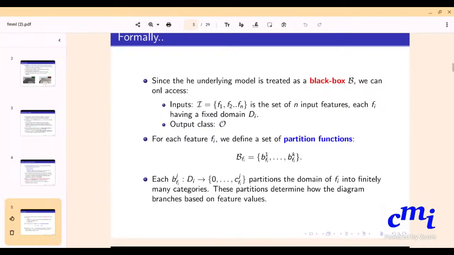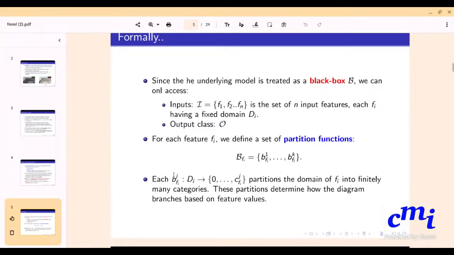Then we have an output class, which basically tells us how we classify the input based on the black box function. For each feature i, we have some predefined partition functions that partition the domain of that feature into some finite classes, and we denote that as bfi.